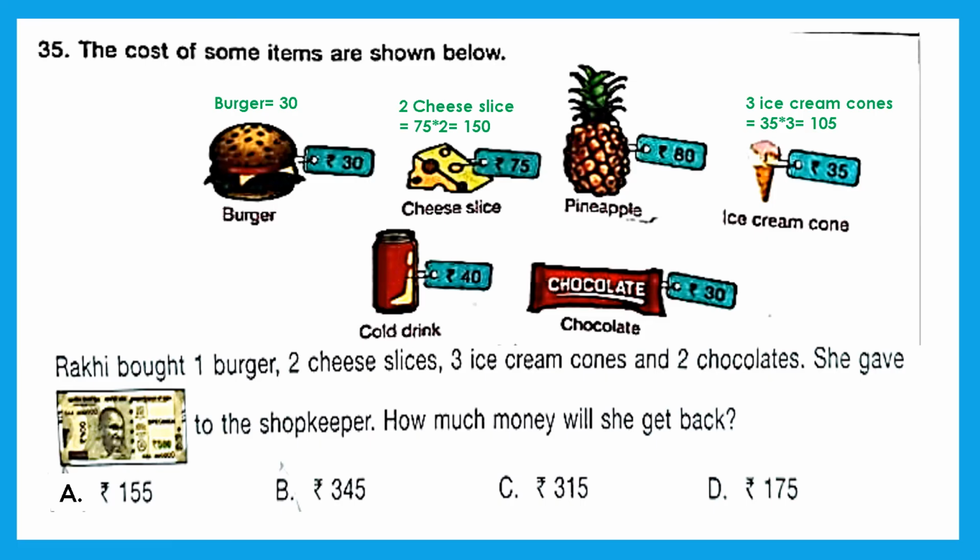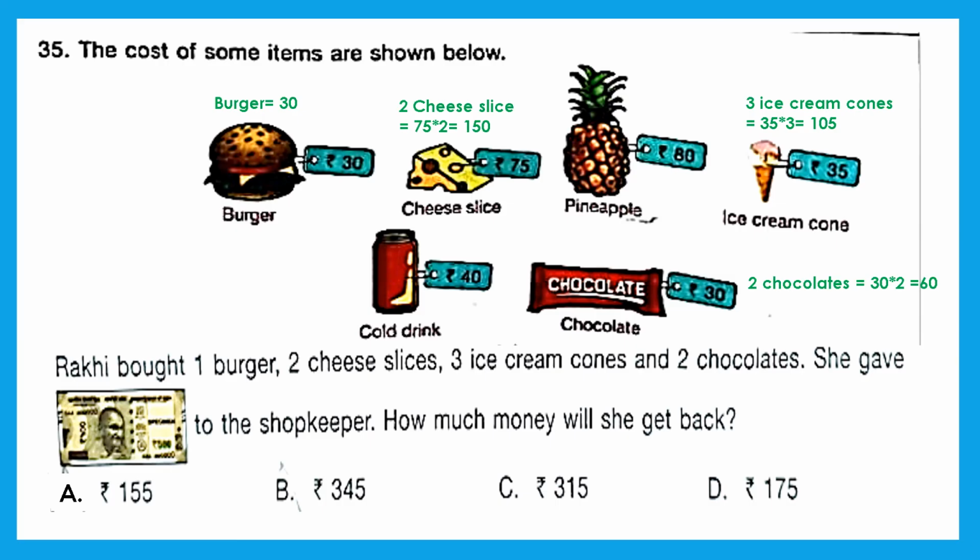Then she got 2 chocolates also. So one chocolate is 30 rupees. So 2 chocolates would be 30 into 2, which is equal to 60. Now she gave 500 rupees note to the shopkeeper. How much money will she get back? So first of all, we have to total all the amount which she has spent in all these items.